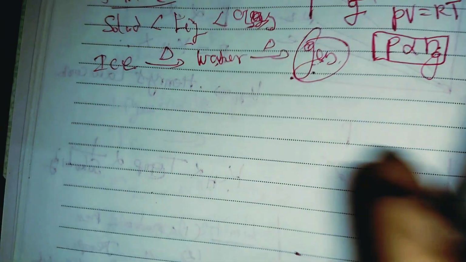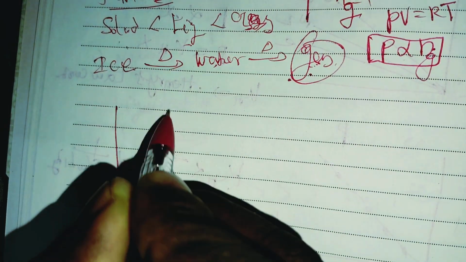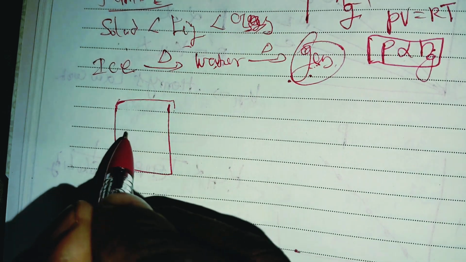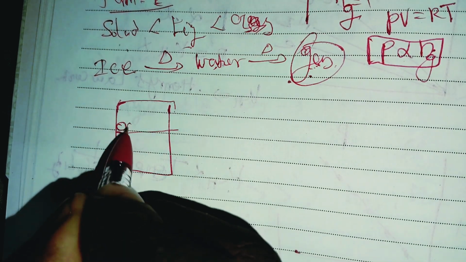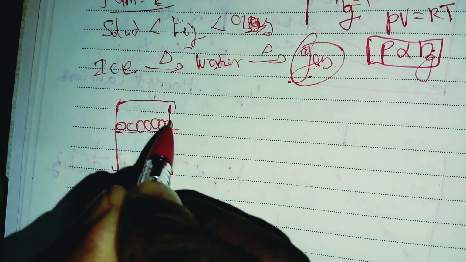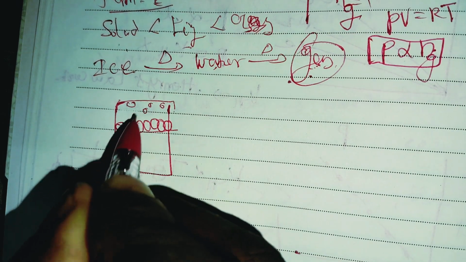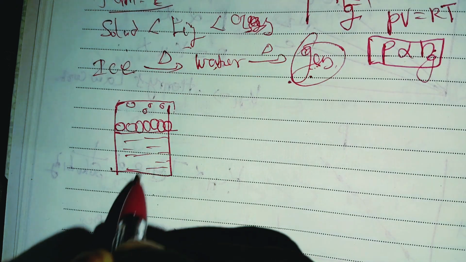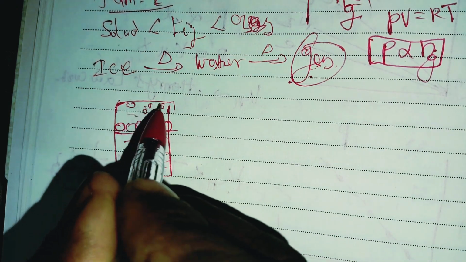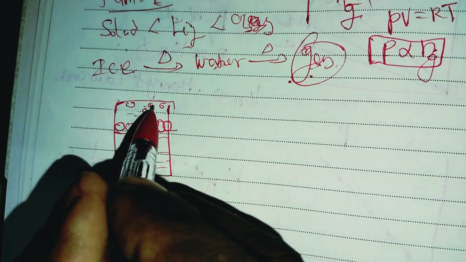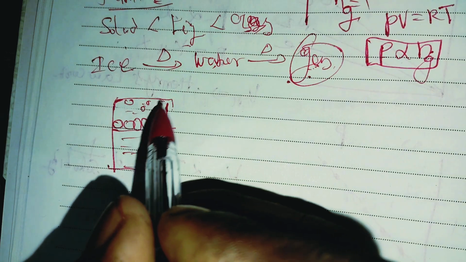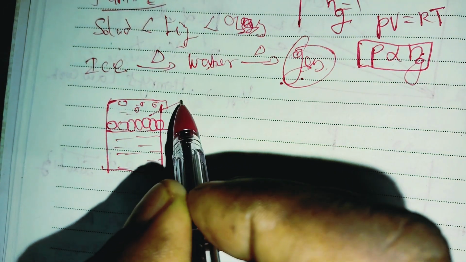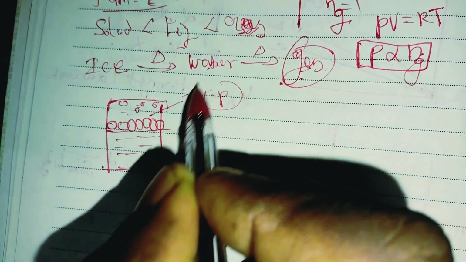In a closed system containing liquid, the surface of the liquid converts to gas. So the number of gaseous solvent molecules increases, and the pressure also increases. That pressure is nothing but the vapor pressure.